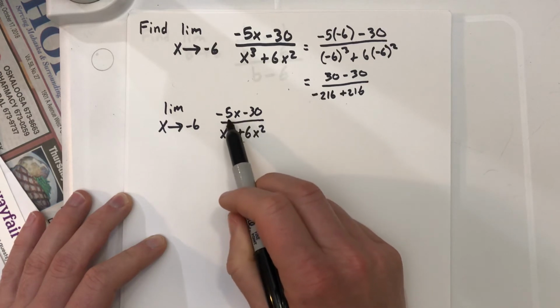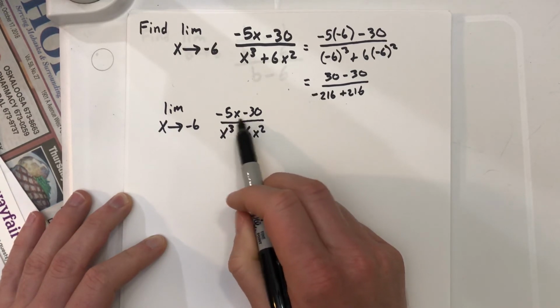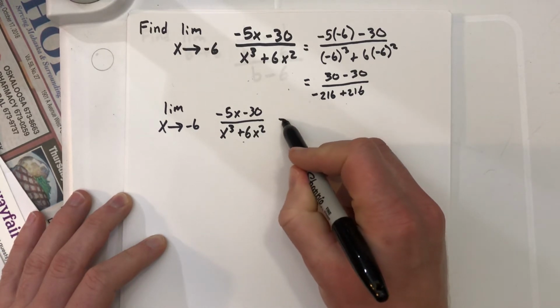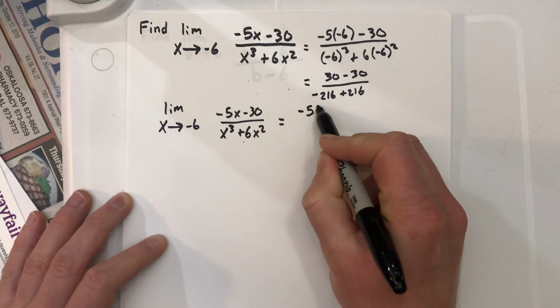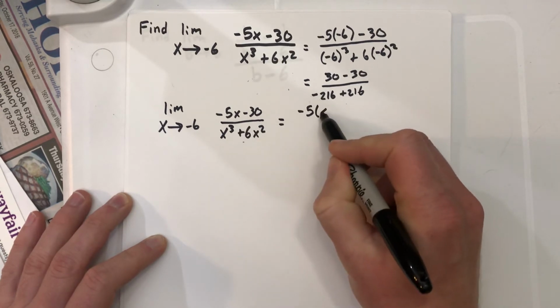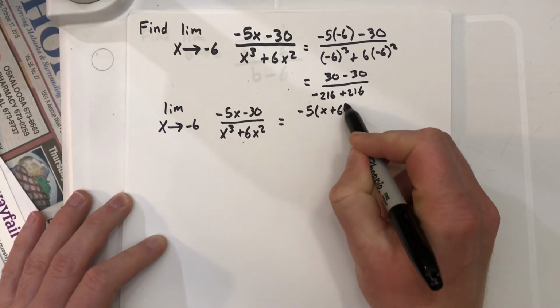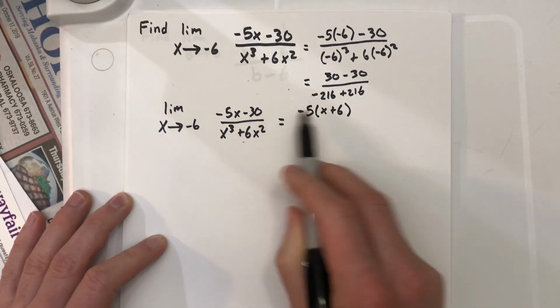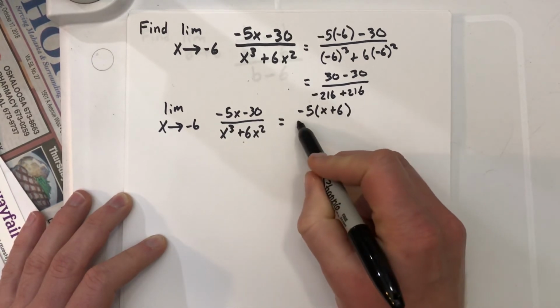I know that if I factor out a -5 in the top part, I can get +6. So I'm going to factor out -5, which is going to give me x plus 6 on top. When I take out -5 from here, that leaves an x. When I take -5 from here, it leaves a +6.